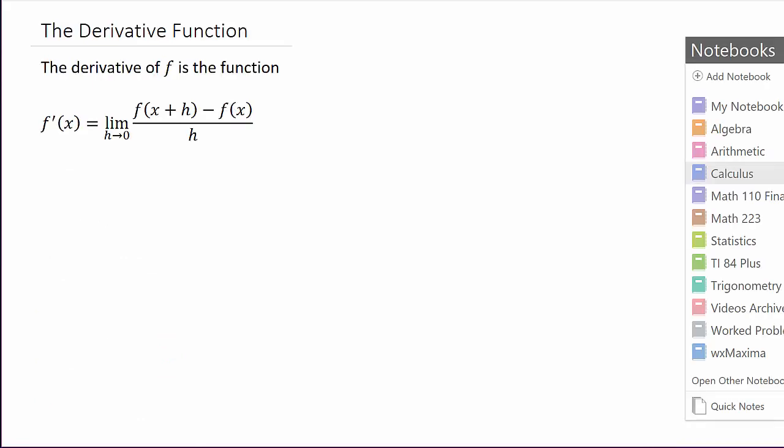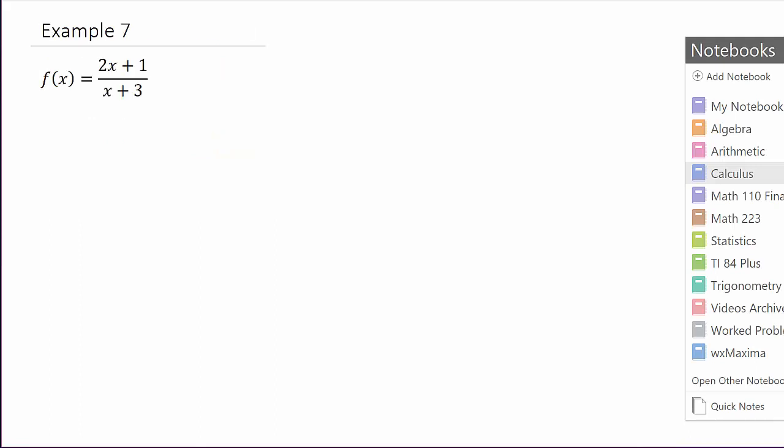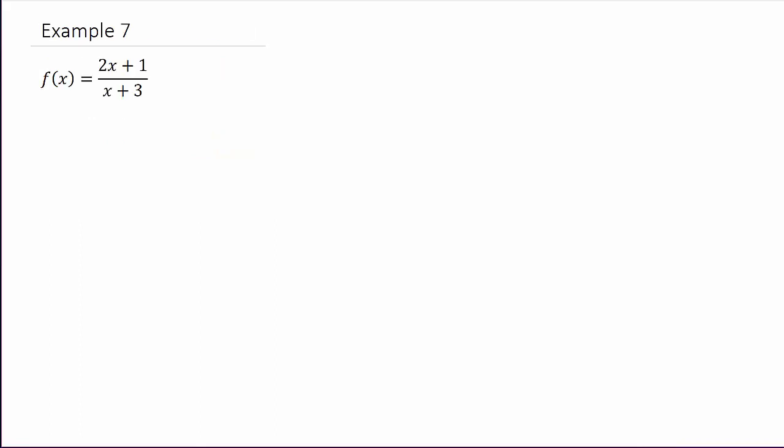So let's get started. The definition of the derivative of a function is f prime of x equal to the limit as h goes to 0 of f of x plus h minus f of x, all that over h. Alright, so let's come down here. Let's look at example 7.